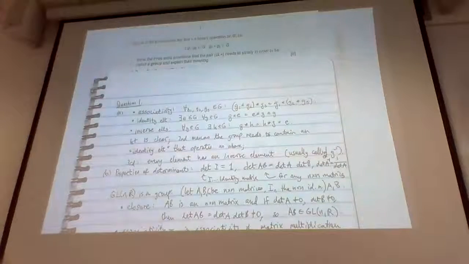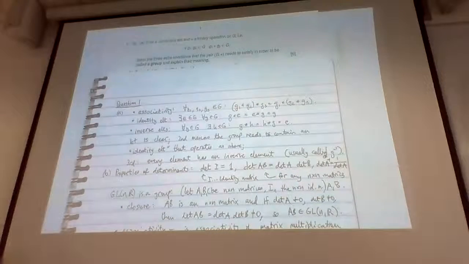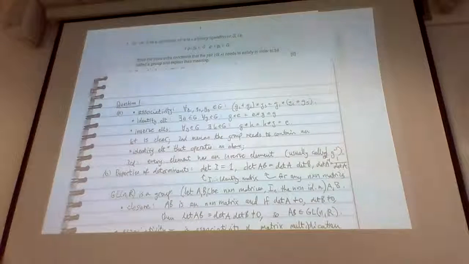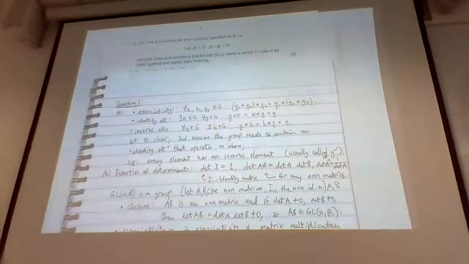So the question says there are three extra conditions needed for the pair to form a group. What are they? And explain their meaning. So Judson has named them as associativity, identity element, and inverse elements. And he's given the predicate logic form of each one.